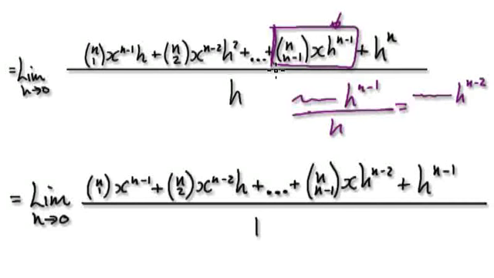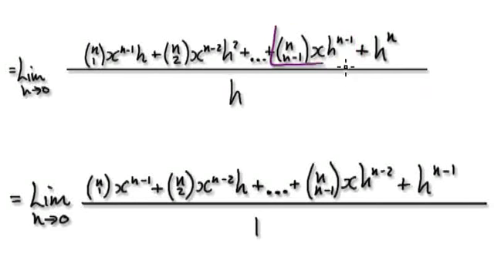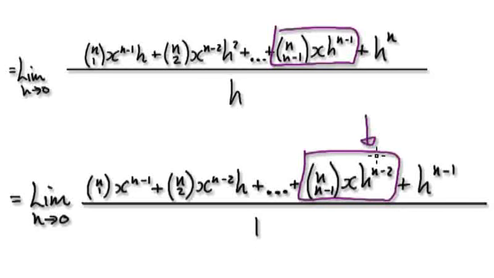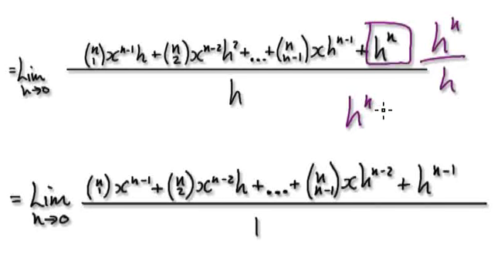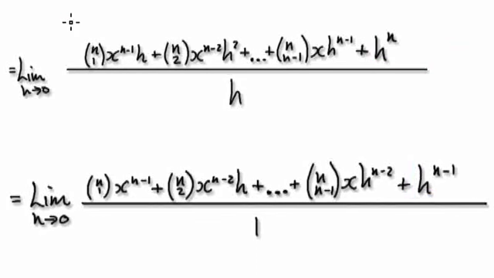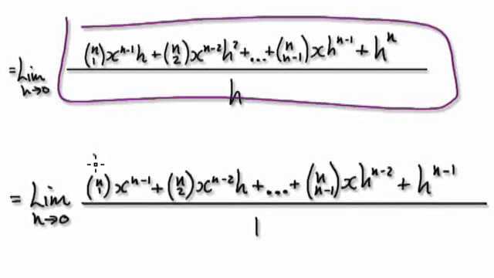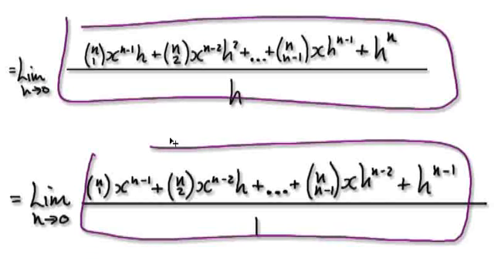So when you divide this term by h, you're going to get this. And then the last term here, at the moment you've got h to the power of n. So when you divide it by h again, you're just going to get h to the power of n minus 1, which is this term here. Okay, so this whole thing here becomes this here. It's just us simplifying it.